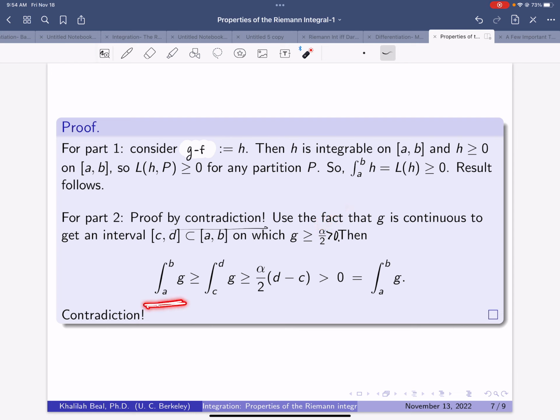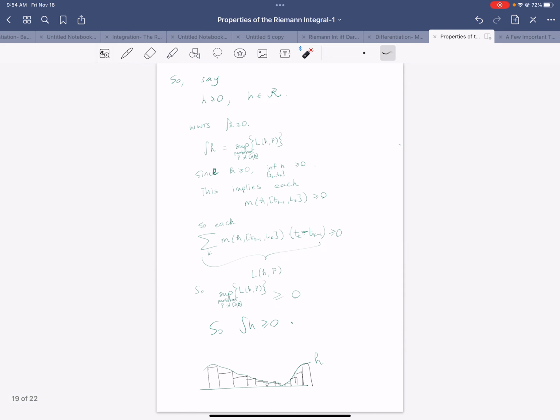Then the integral of G on AB is going to be bigger than or equal to the integral just on that subinterval, right? Which will be bigger than or equal to the length times the minimum or the infimum. That's bigger than 0, which is supposed to be equal to the integral. So you get a contradiction because you're saying this number is bigger than itself. Contradiction. Okay? All right.